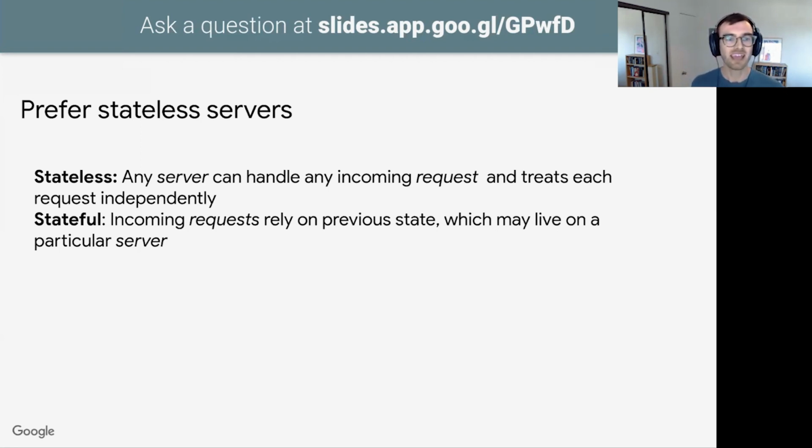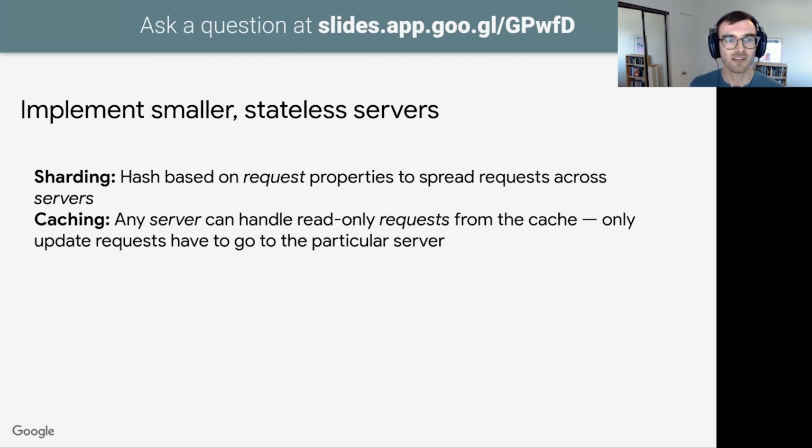We call that a stateful request. And as the system gets big enough or complex enough to handle those kinds of requests, then we need to start coming up with other solutions. And there are a few options that I'll describe right now.